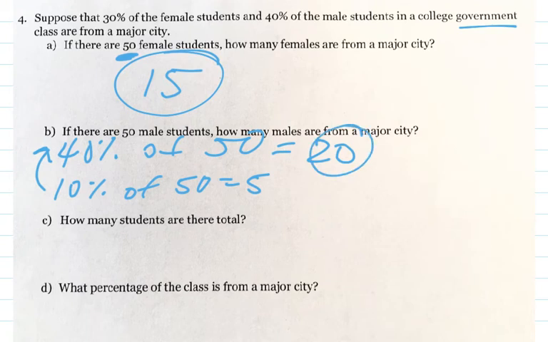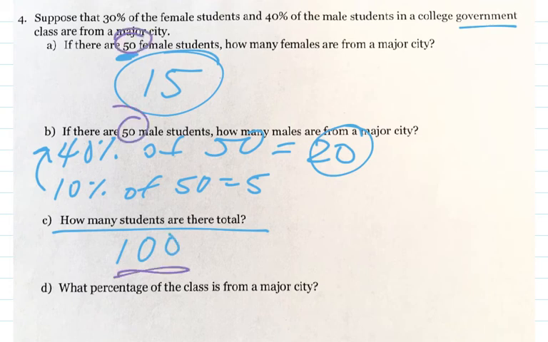Okay? So then we figure out how many students are there in total. Well, 50 plus 50 is 100, because there are 50 female and 50 male, so there's 100. And so what percentage of the class is from a major city?